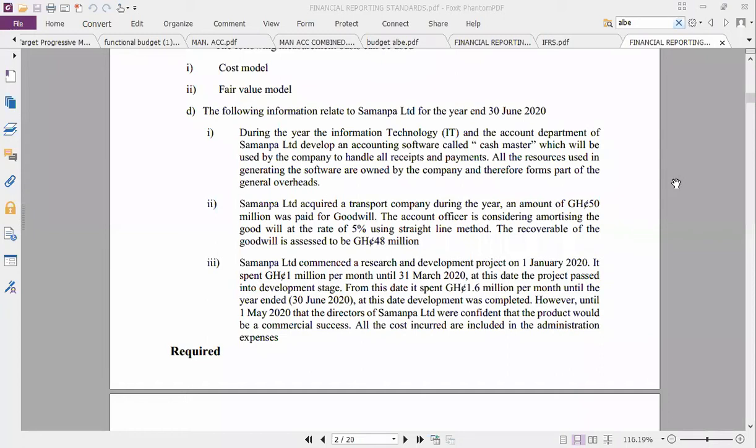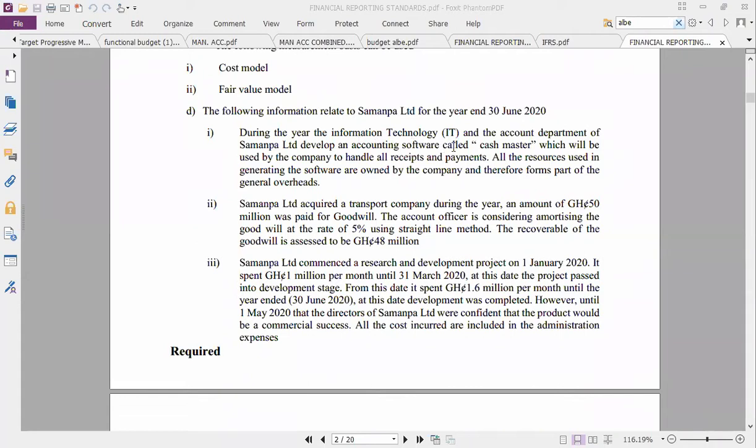The following information relates to Samampa Limited for the year ended 30th June 2020. During the year, the Information Technology and the Account Department of Samampa Limited developed an accounting software called Cash Master.